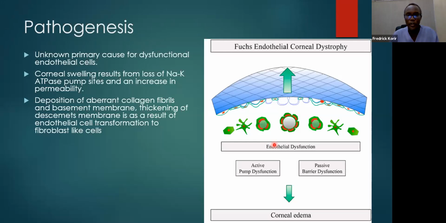The endothelial cells change and become dysfunctional, going from hexagonal cells to fibroblast-like cells and laying down collagen fibrils in the Descemet's membrane. At the same time, the tight junctions between the cells become loose, and the result is basically poor active pump function and a passive barrier dysfunction, and that leads to egress of fluid into the cornea, causing corneal stromal edema. So that's basically the pathogenesis.